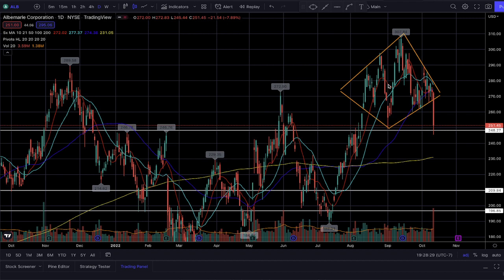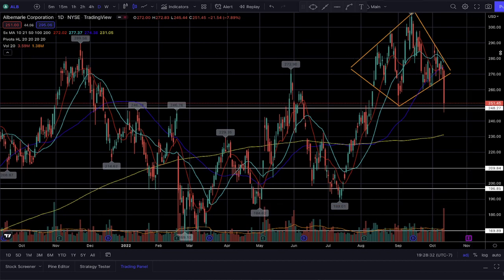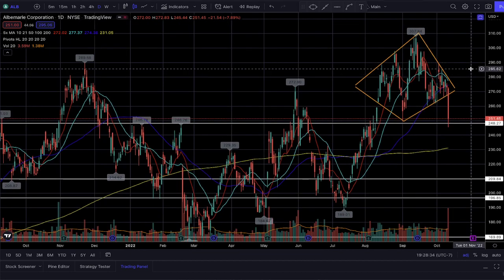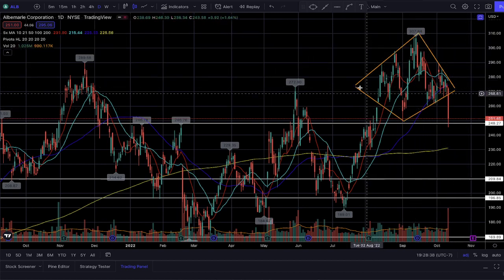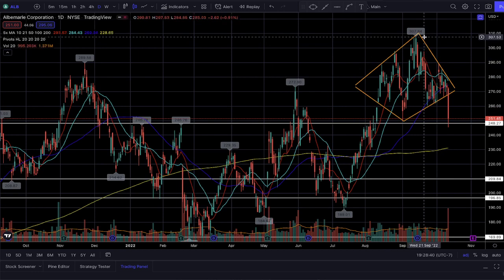ALB here on the daily time frame, like I always start on this time frame, I noticed a diamond top reversal chart pattern. You might be wondering, wait a second, I've never heard of this before. Me too.